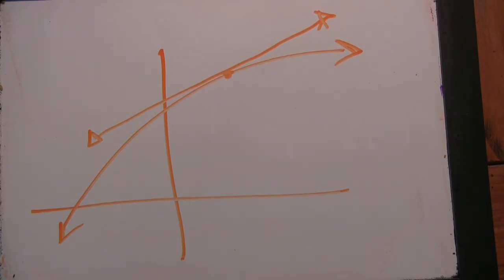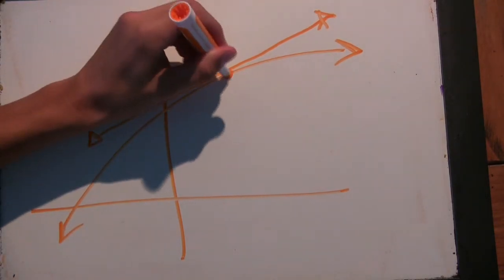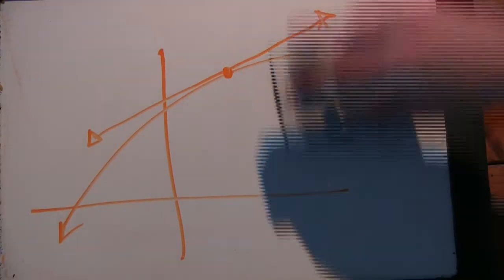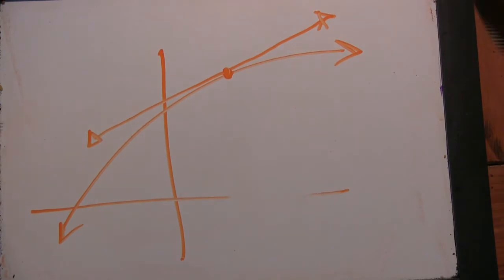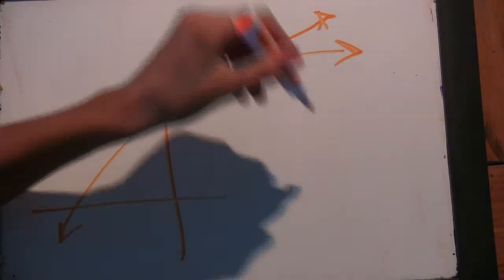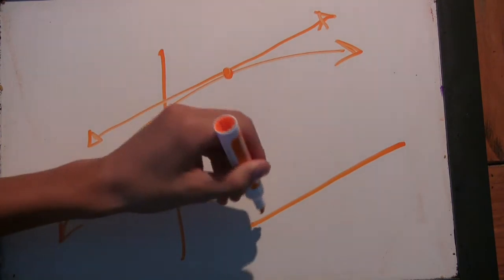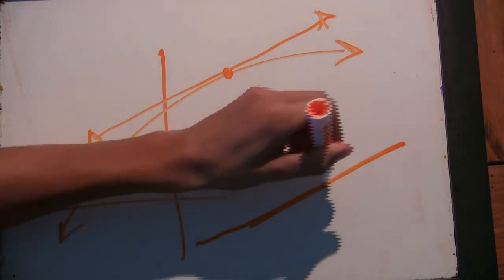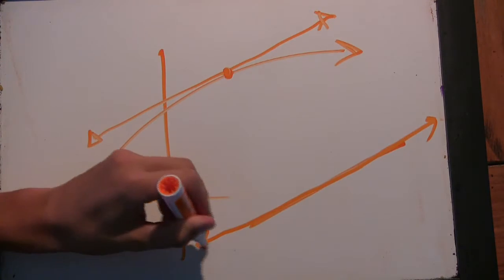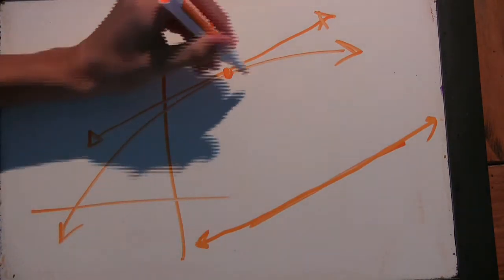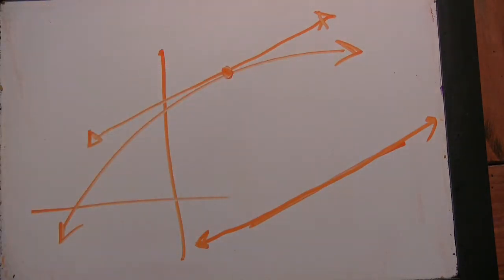Well, what you want to do is zoom in on the point. Instead of looking like a curve, you're going to get something that looks rather flat. And then your tangent line just looks like an extension of that line.